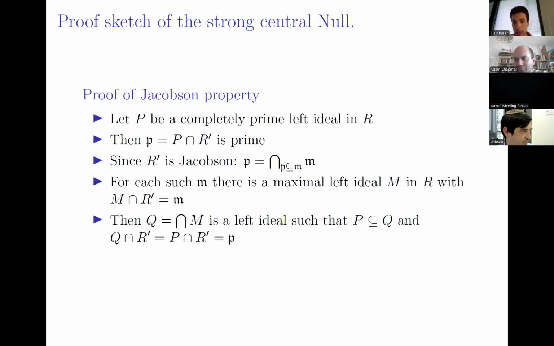It's just the ideal little p, which means by the incomparability lemma that these two ideals P and Q coincide, which means that P itself is an intersection of maximal left ideals. So from the incomparability lemma, the Jacobson property follows.